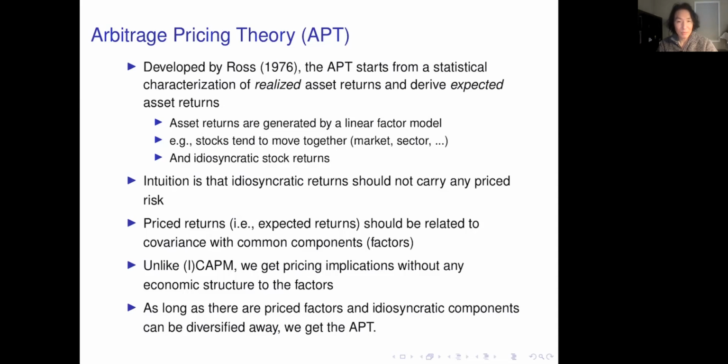So the expected returns should be related to the covariance with the common components or factors. Again, unlike ICAPM, we get pricing implications without any economic structure to the factors. As long as there's a strong statistical relationship between the asset returns and the factors, we are fine.